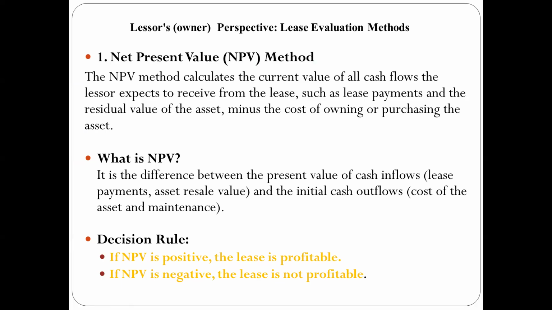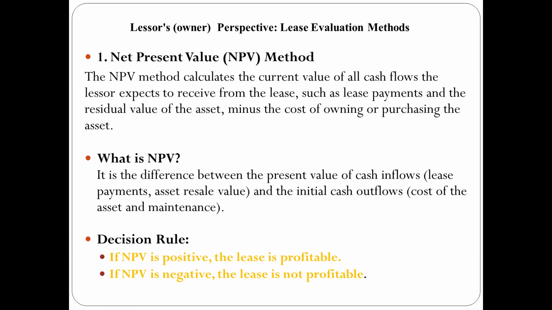It works like this: first you calculate the value of all the money you will receive in the future from the lease, like lease payments and the asset's value at the end. Then subtract the cost of buying or owning the assets.